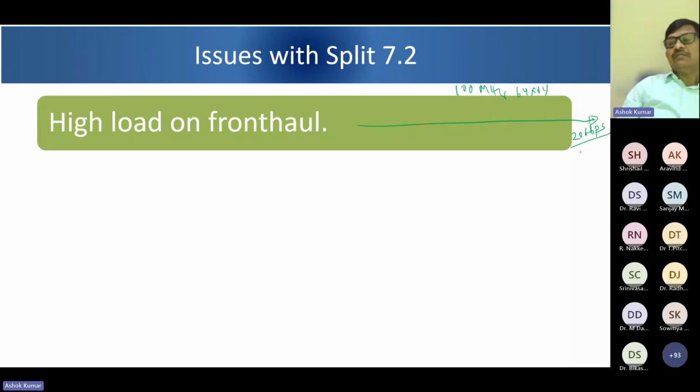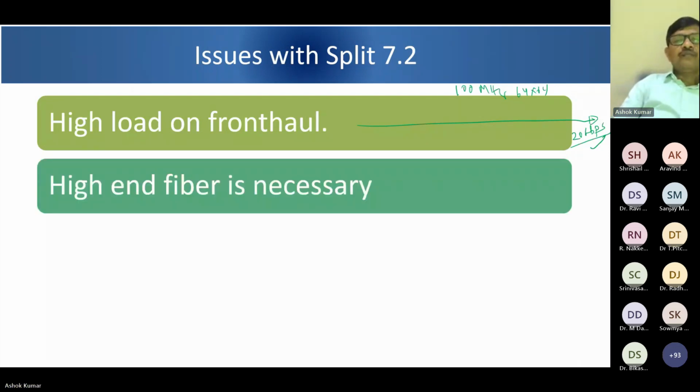So the fronthaul requirement is higher. Also, high-end fiber is required, which can support good stability and latency. So high-end fiber would be required.